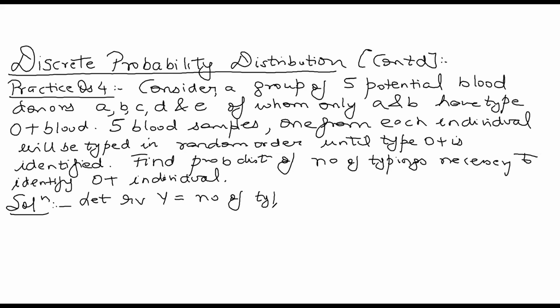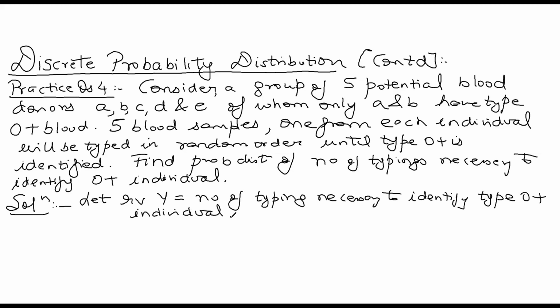Let the random variable y denote the number of typings necessary to identify a type O plus individual. Now, who will tell me what values the random variable y will take?